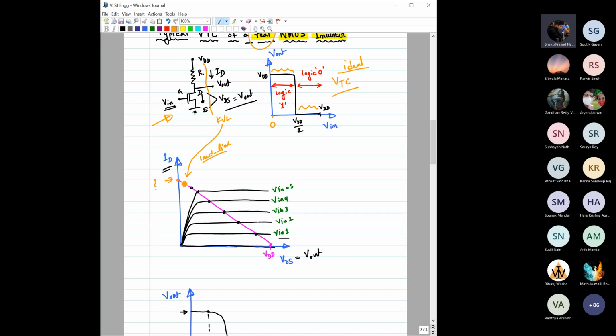VDD by R. Right. So this is the load line, and the intersection of the black lines and this pink color line would give you the points. So here we have first this point, then this, then this, then this, right?